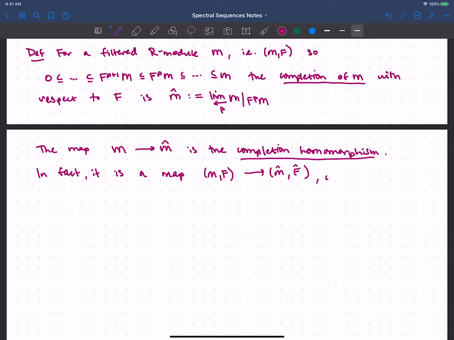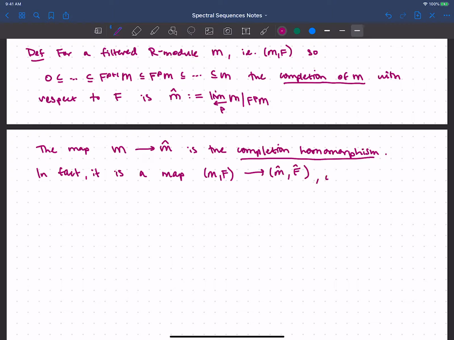Well, we take the pth filtration piece of M hat and define that to be the inverse limit over N of FPM mod FNM. N must be bigger than P here for this to make sense, right? And so I take this inverse limit. Of course, if P goes to infinity here, then I'm getting this completion.